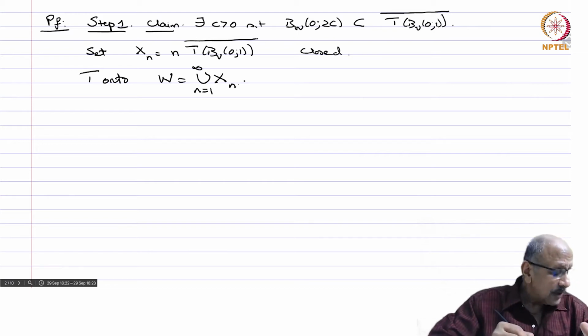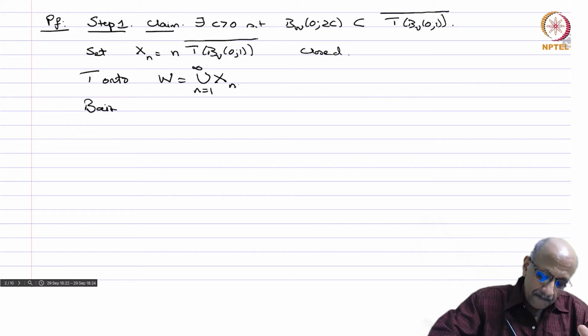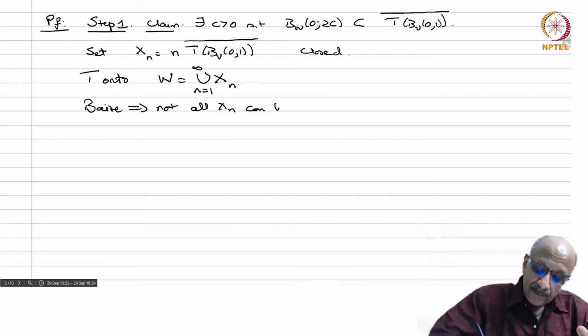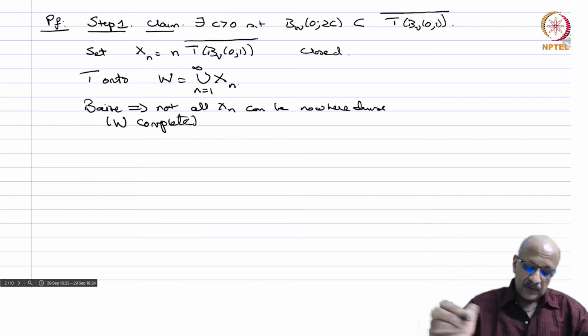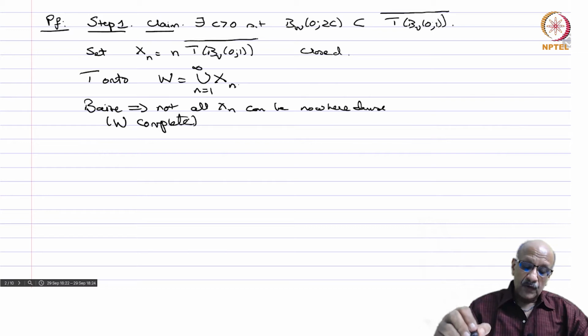So what does Baire's theorem say? Baire implies not all X_n can be nowhere dense because W is complete. This is where we are using the completeness of the range space. Okay, so W is complete, so it cannot be the countable union of closed nowhere dense sets, and therefore at least one of the X_n's is not.